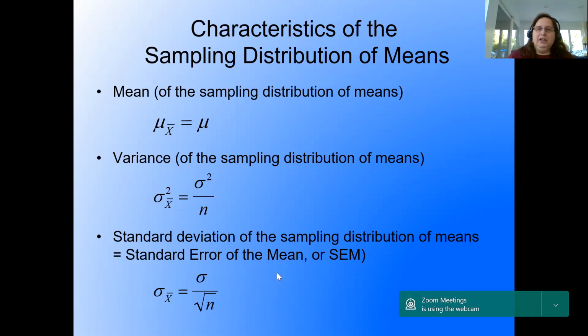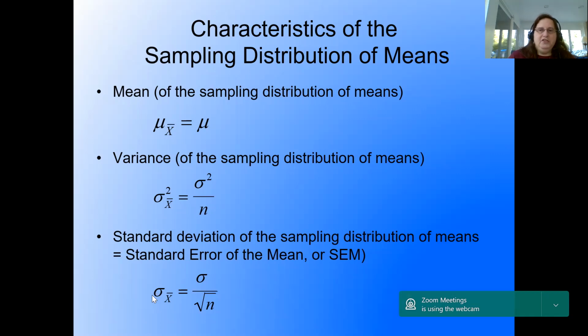And then finally, we have the standard deviation of the sampling distribution of means, which is kind of a mouthful. So there's an abbreviation for this that I'd like you to get familiar with. It's called the standard error of the mean, or SEM. You can ignore that little closed parenthesis there. It's just SEM. And how do we get that?